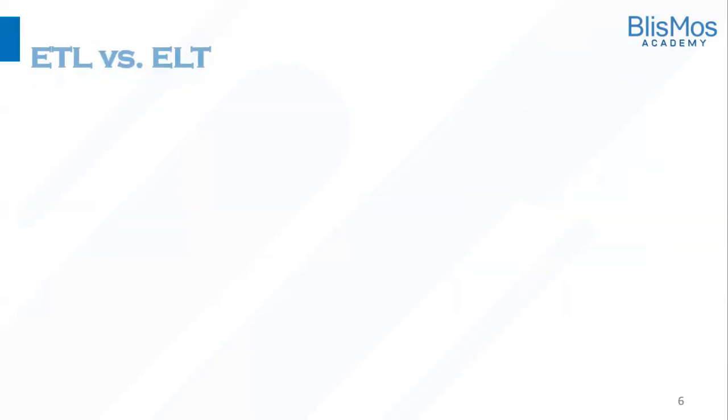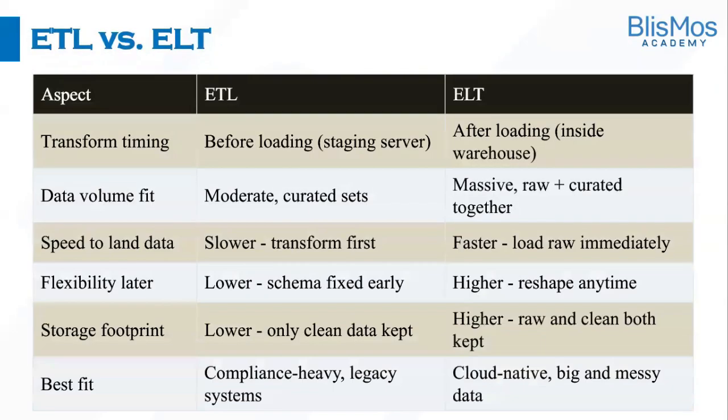We have understood ETL and ELT. Now, let's see what their major differences are. In terms of transforming, in ETL, we load the data only after transforming, whereas in ELT, we load it inside the data warehouse and then transform it based on the requirements. Then coming to the data quality perspective, ETL ensures only validated and clean data is stored, whereas ELT stores the raw data first, allowing multiple versions of transformations later.